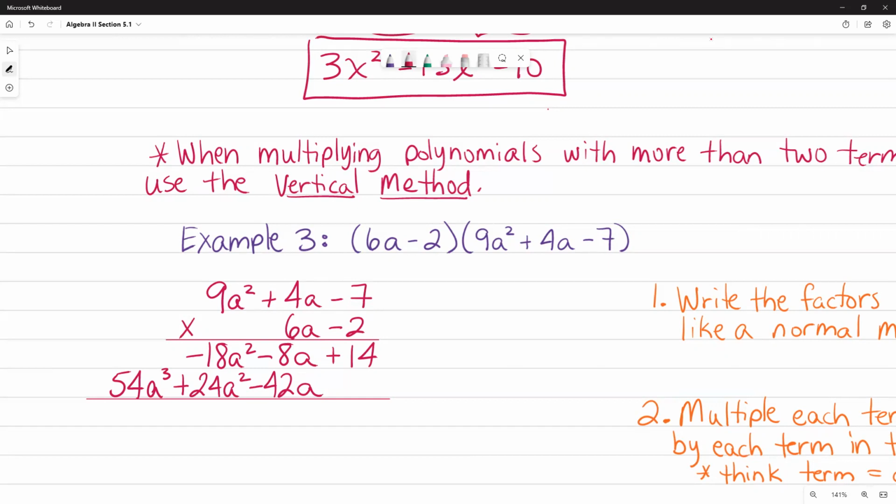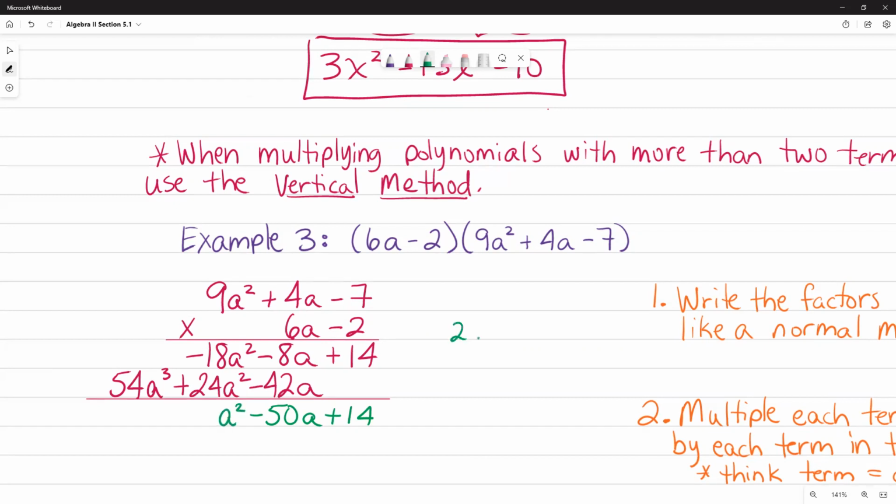Okay, so this is 14. And then what is my a term? -50a. Because they're like signs, they just happen to be negative. So -50a. -18a squared plus 24a squared. So we know this is going to be a squared.